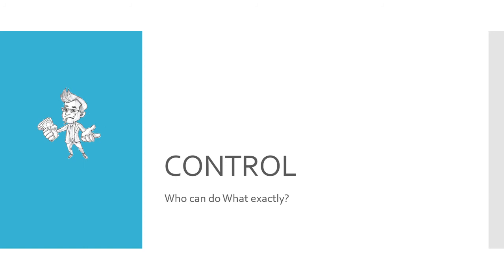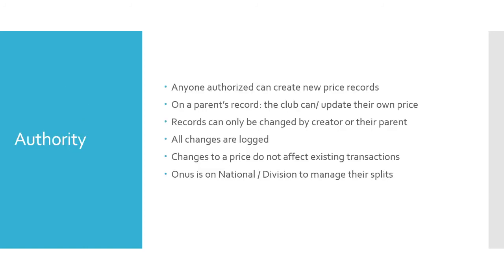So how do we control who sets up pricing and who can manage it? It's pretty simple. Anybody that has an admin authorization can create their own prices. It doesn't make sense for clubs to manage many of their own prices, especially for the membership levels, because they are going to have the visibility of their materials or their price masters as well as the price masters of the division level and the national level above them.